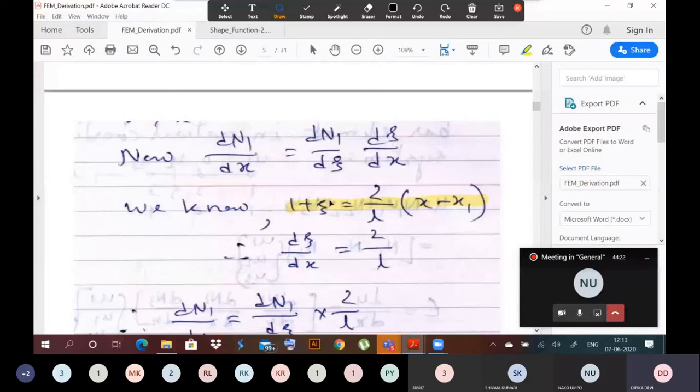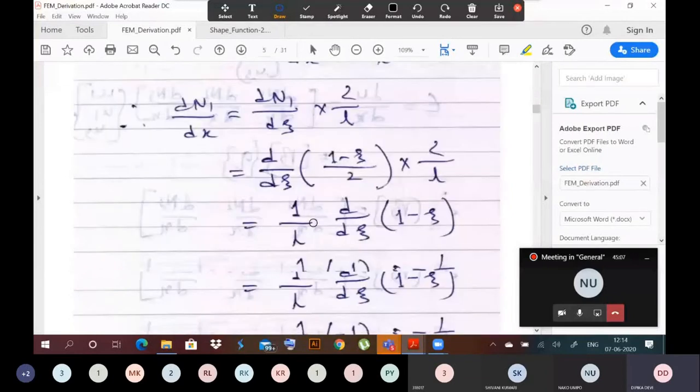So put the value of xi, whatever you get from this expression, into the expressions for N1 and N2, and find their values. Once you know N1 and N2, you can find the strain using this expression. Strain is equal to what? Strain is equal to here.